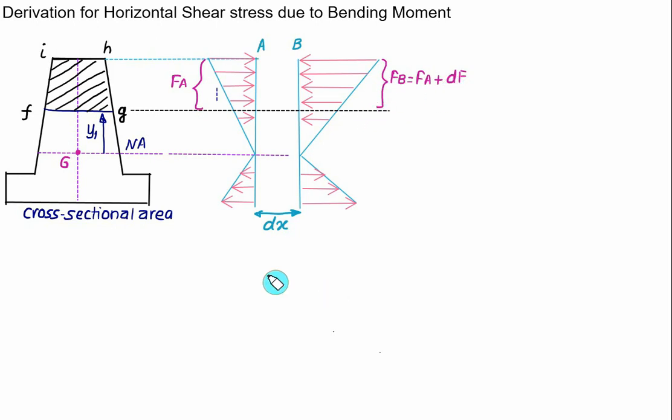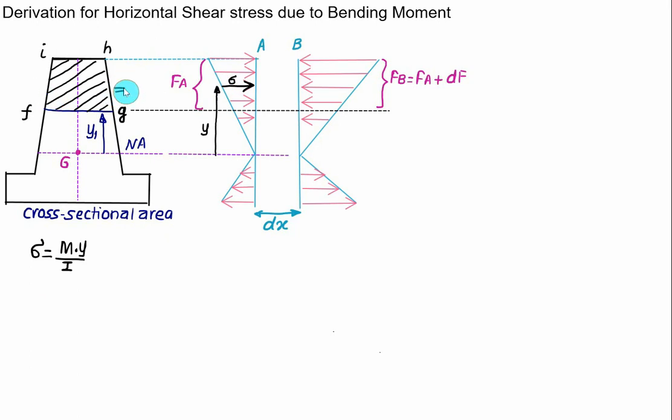To calculate the value of FA here, we'll consider one fiber at a distance equal to y from the neutral axis, and let's say the corresponding stress is equal to sigma. This stress we can calculate using the flexure formula: the stress at distance y is equal to M multiplied by y divided by the moment of inertia I. And let's say the stress is acting on a small area.